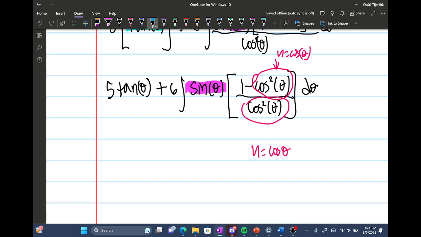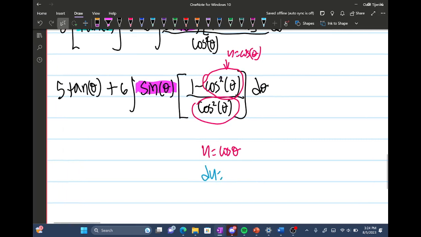If we find du, this will be the derivative of u, which is negative sine theta d theta. So we get the following.